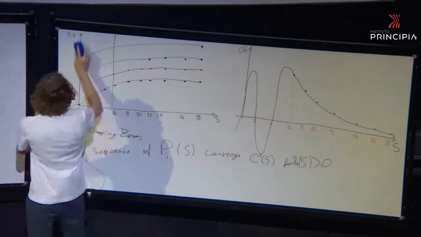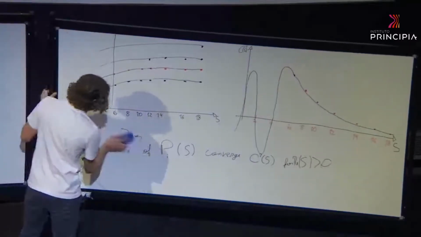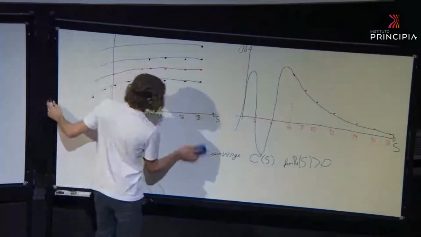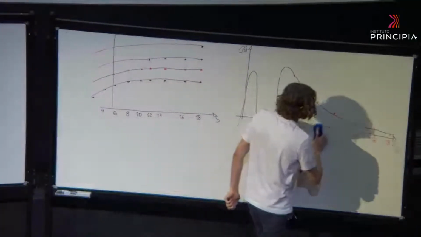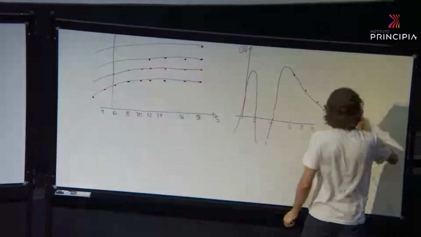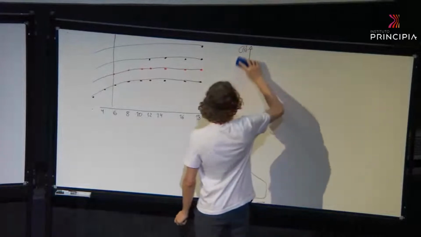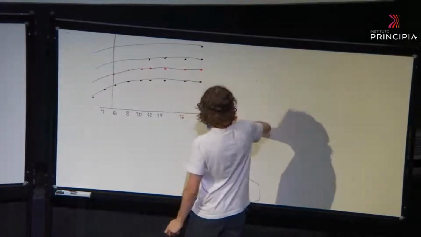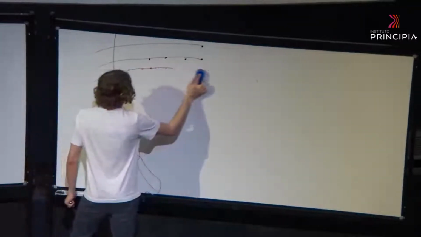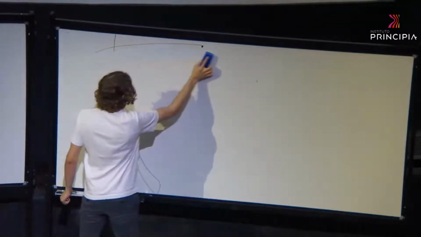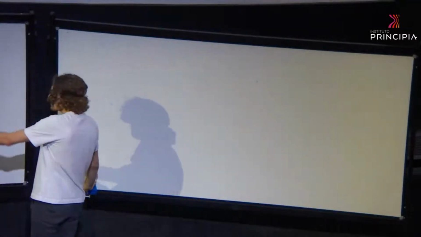So maybe let's start. I'll start from the third point and then go up.